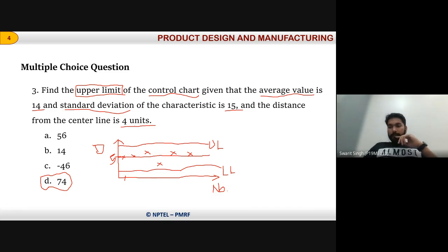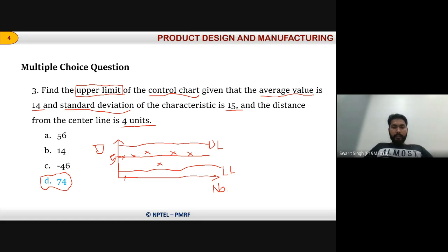Any other answer? Okay, so let me solve this question for you. The answer is D, definitely 74.